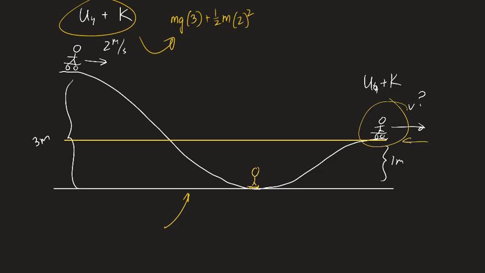Wouldn't it be 2 meters if we're in the base? I'm saying we're going to use this as our reference, all the way down there. This side we're going to have mg times 1 plus 1/2 mv squared.